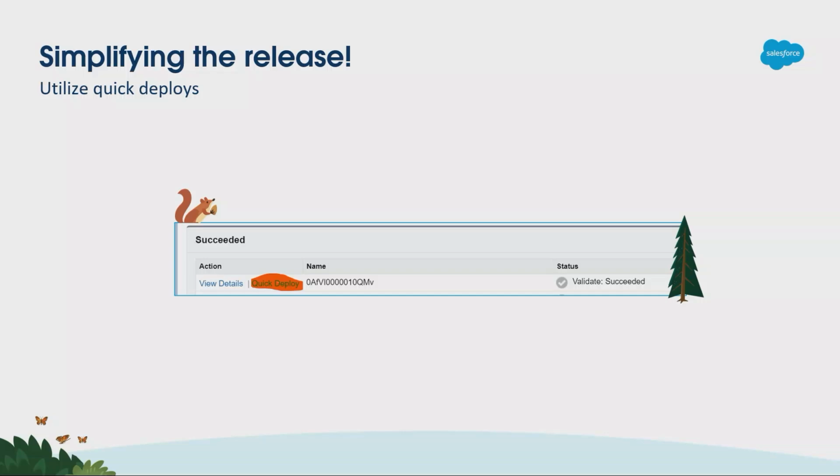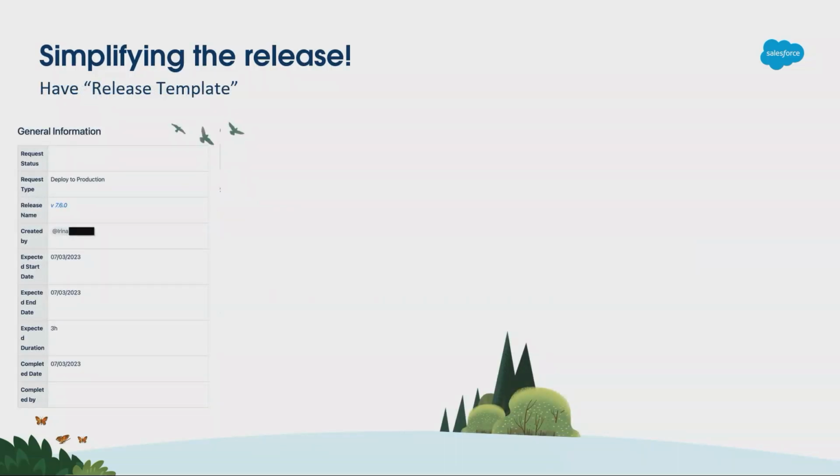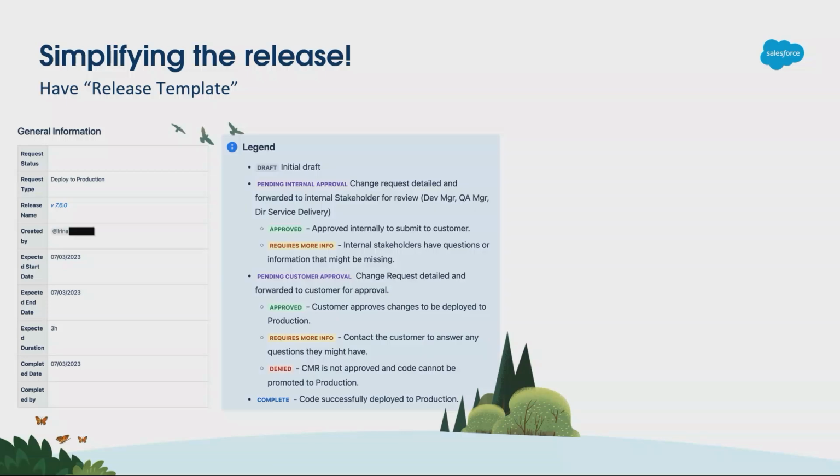Also, we know what we need to do because we have this very special template made in Confluence that we clone every time, where we store all the approvals, or all the test results, you know, all the things that we need to do pre and post deploy.